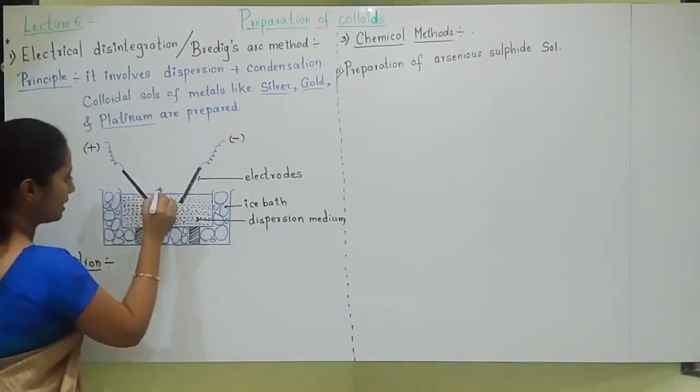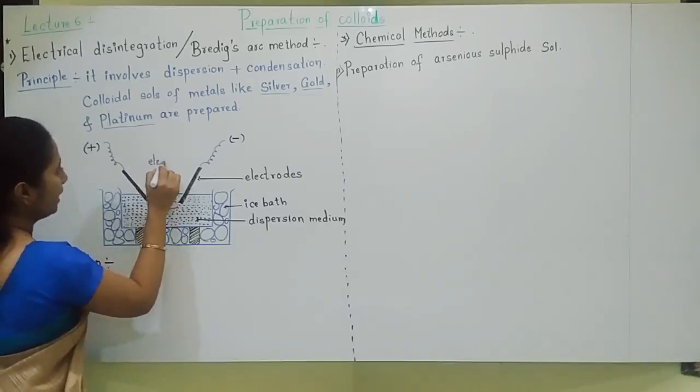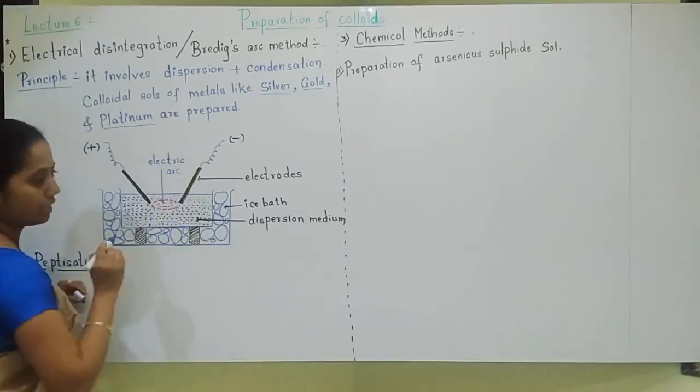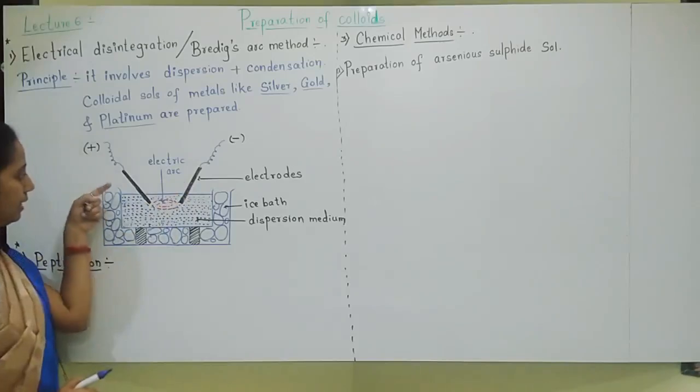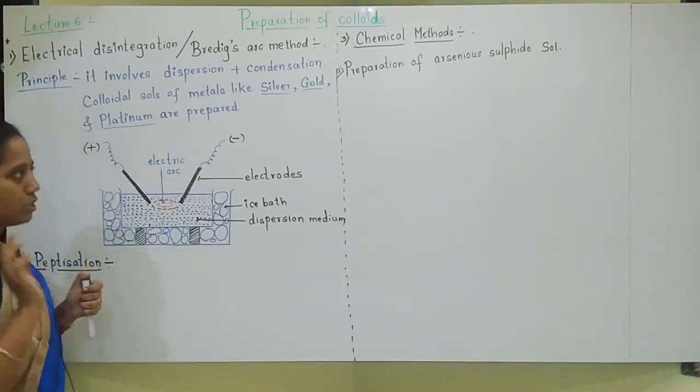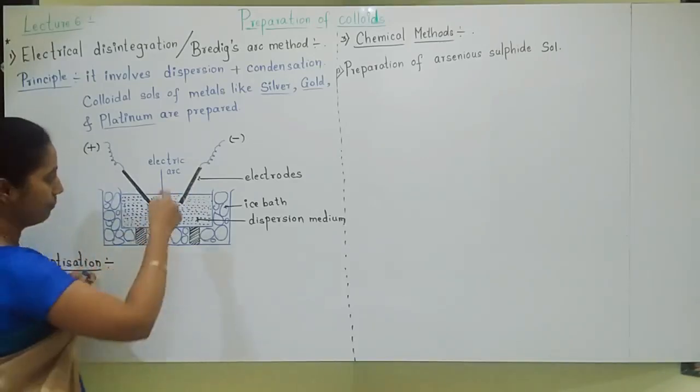So the red color you can see here is nothing but the electric arc. The electric arc is produced by immersing the rods in water or any dispersion medium. Generally water is used as the dispersion medium.